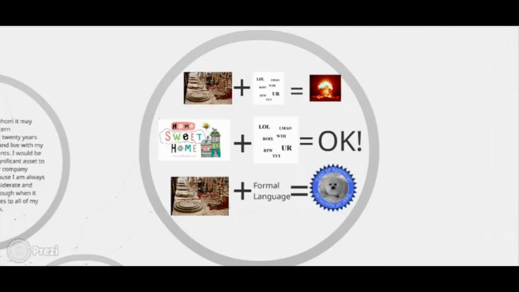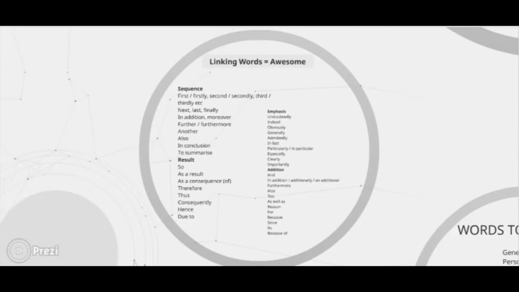Theodore, would you mind telling us a little bit about linking words? Of course. Linking words are words you use to link together phrases and paragraphs. Many of these are made so it's smoother and a lot softer to read and to listen to.